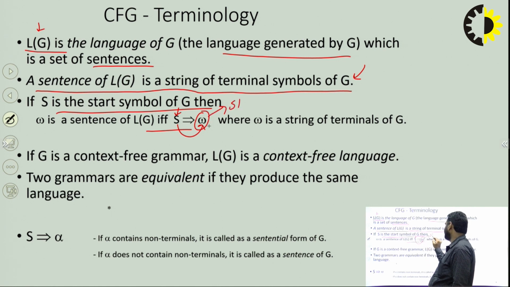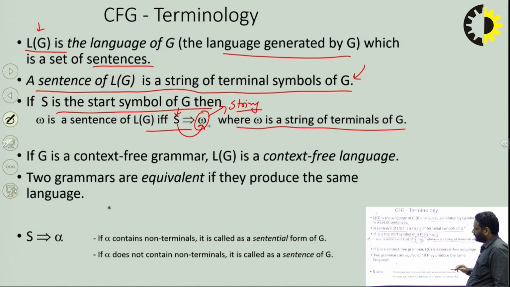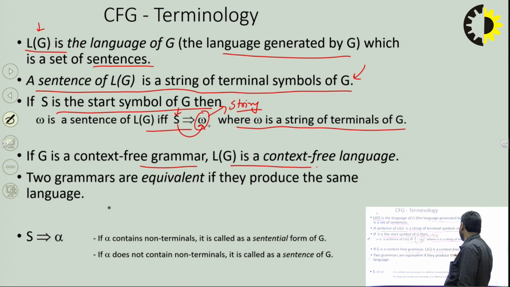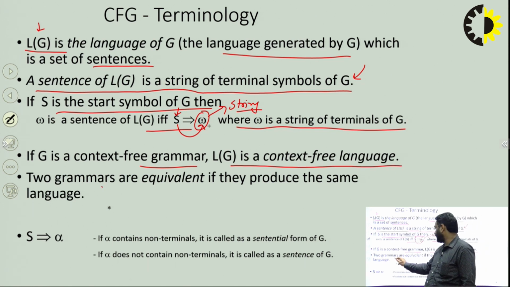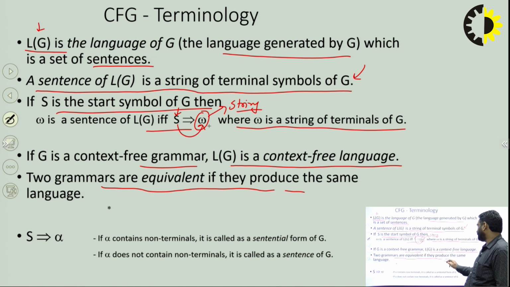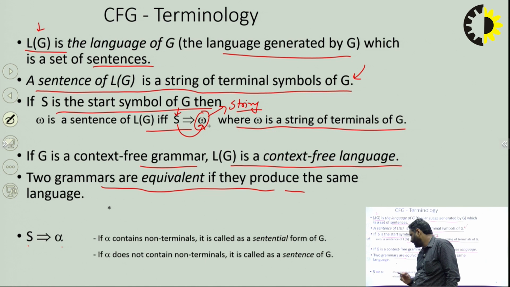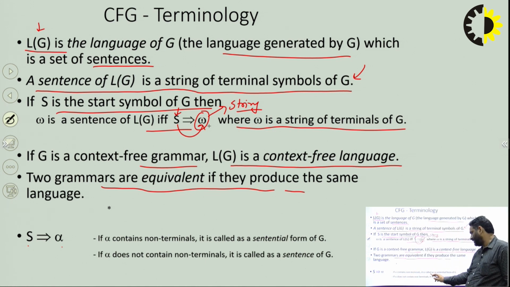What is omega here? It is a string of the terminals. If G is a context-free grammar, L(G) is a context-free language. Two grammars are equivalent if they produce the same language. We can say this one is starting symbol to alpha. If alpha contains a non-terminal, it is called a sentential form of G. If alpha doesn't contain a non-terminal, means it will contain only terminal symbols, then it is called a sentence or string of the grammar G.